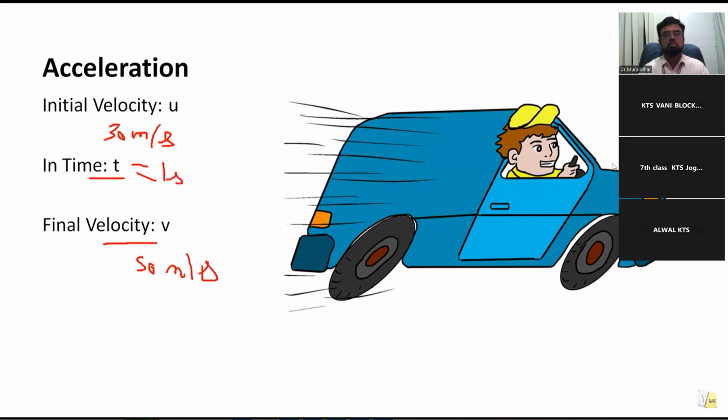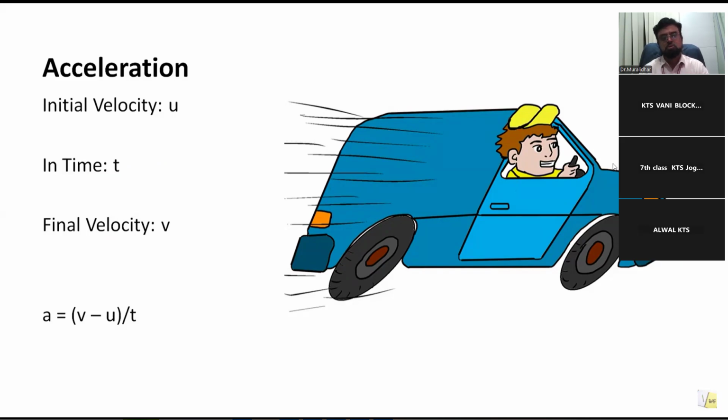So what is the acceleration? a is equal to v minus u divided by t. That is the rate of change of velocity. In this case, it will be 50 minus 30 divided by 1.